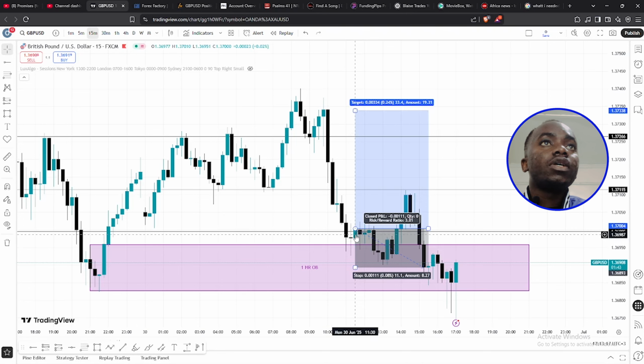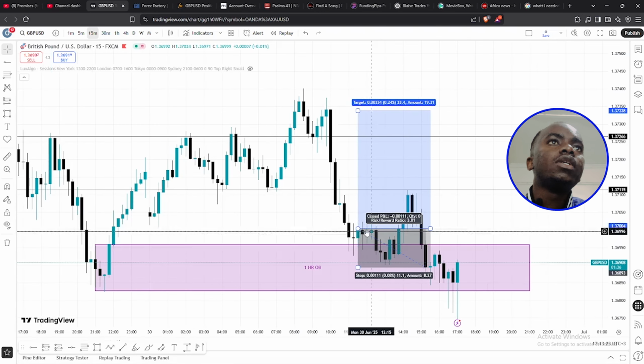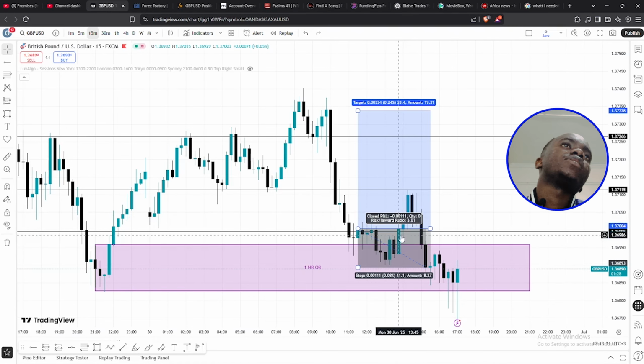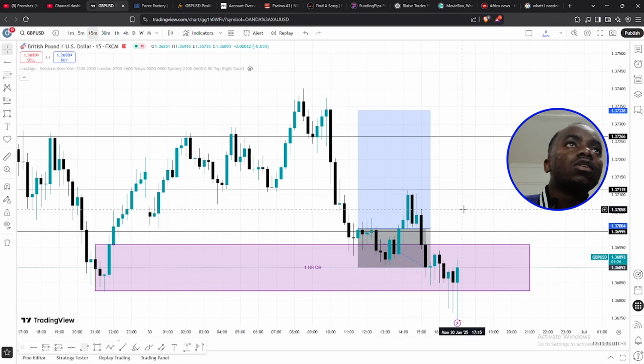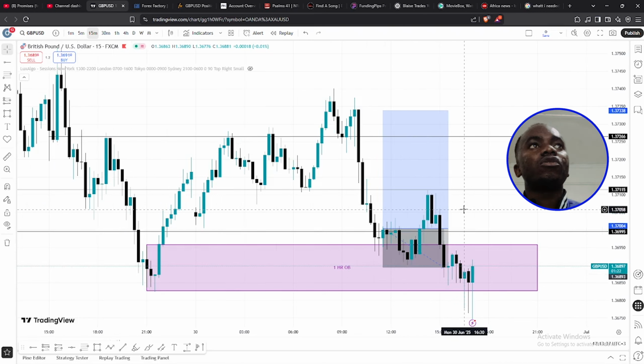So price played around the entry level, consolidating for a while, then broke down, came and reversed massively towards my entry, and later showed me some blues, and we were in profit for about 30 minutes. Then there was a reversal that came about.